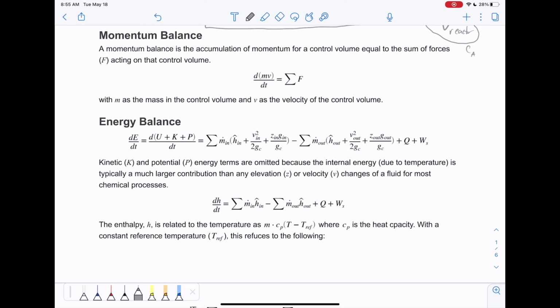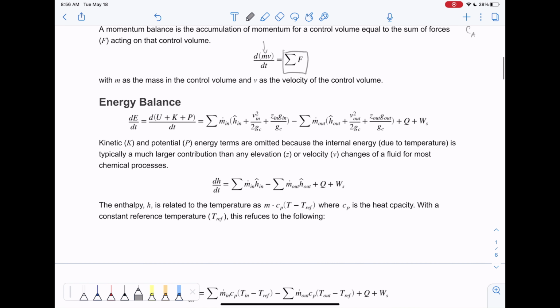Those are a little bit more abstract, so we can just think of the sum of all forces, and that will be mass times velocity, which is also equal to the force. In other words, we could think of this as the acceleration is equal to the sum of all the forces, and obviously that includes the direction as well.